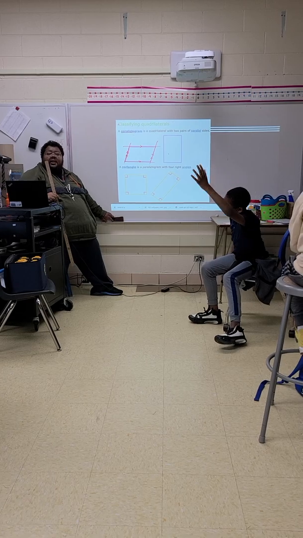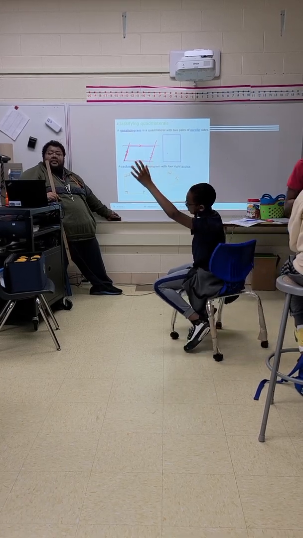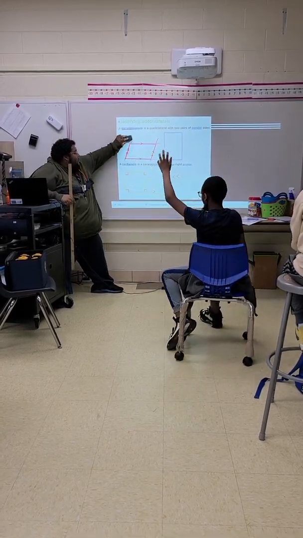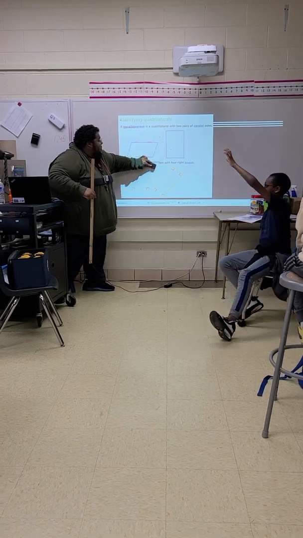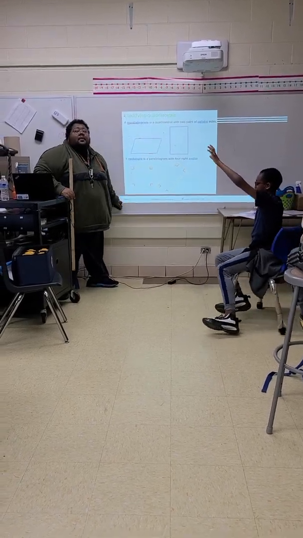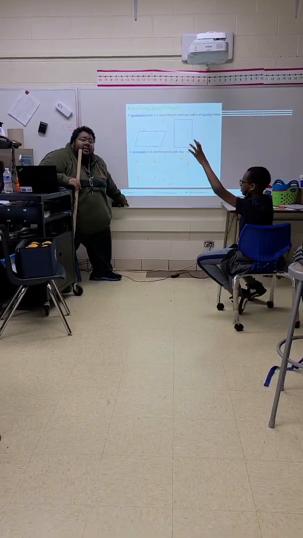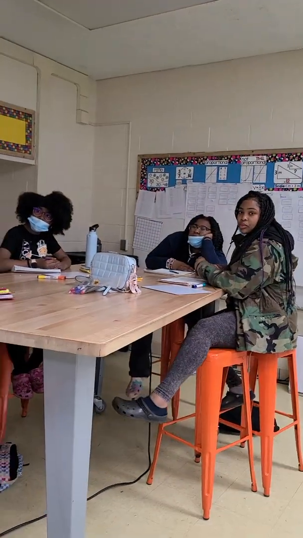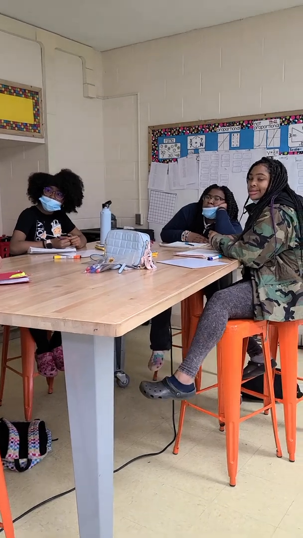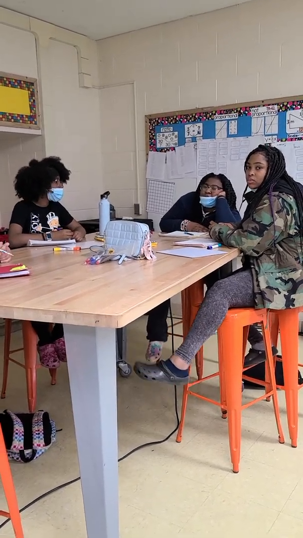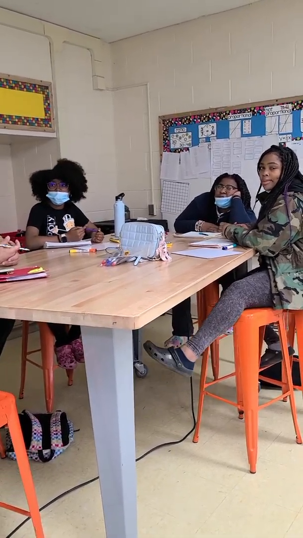Anybody else? Any other ideas? In the back, Mia. Is a rectangle a square? No. Why not? It only has 2 equal sides, and squares have all equal sides. I agree.